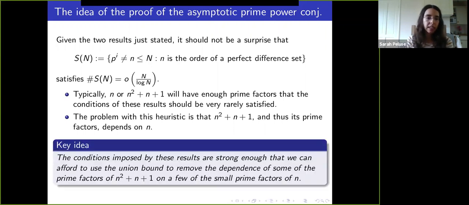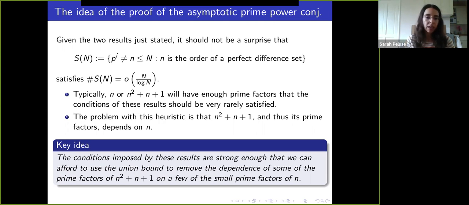Okay, so the key idea to get around this is that the conditions imposed by these results I just stated are so strong that we can actually afford to lose some things, and we can use the union bound in some places to remove the dependence of some of the prime factors of n squared plus n plus 1 on some of the small prime factors of n.